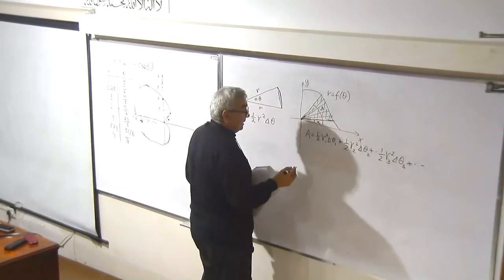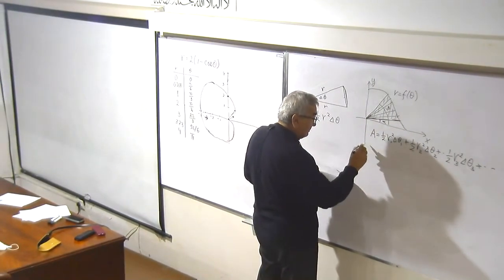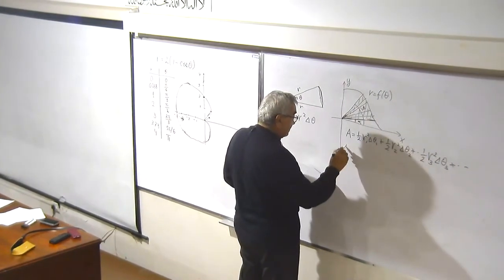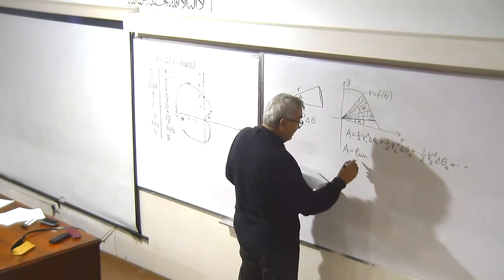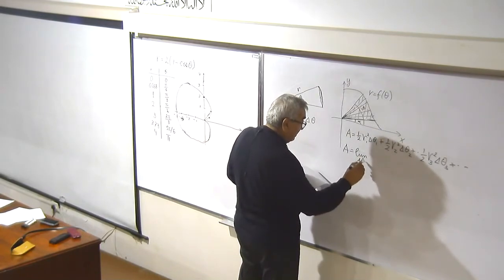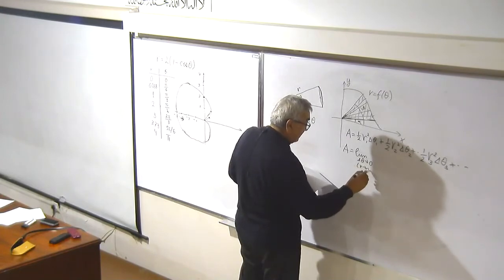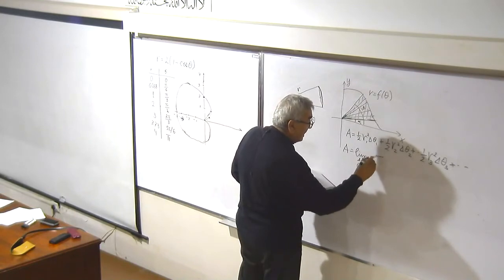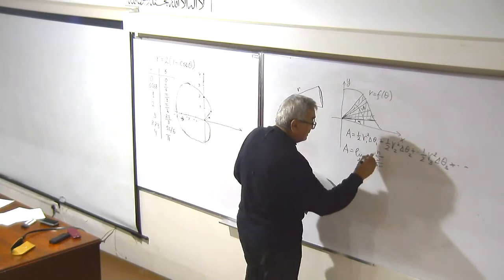That means if I write the limits, this will be a Riemann sum. That means the area A is possible to write as the limit as delta theta goes to 0, the number of sectors goes to infinity, and here will be the sum from k equals 1 to n.